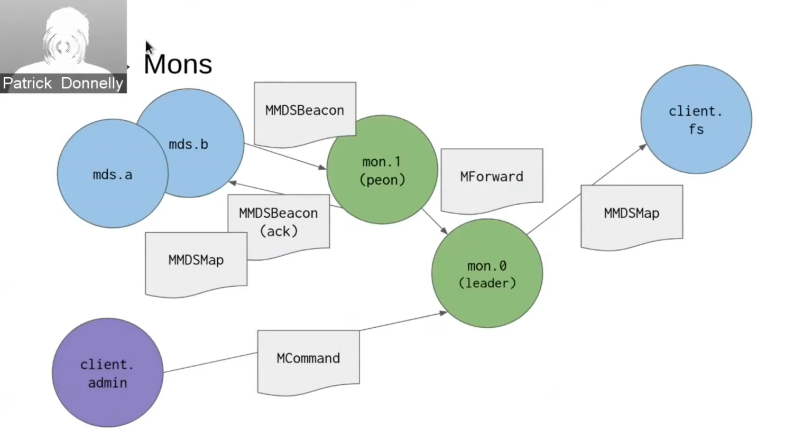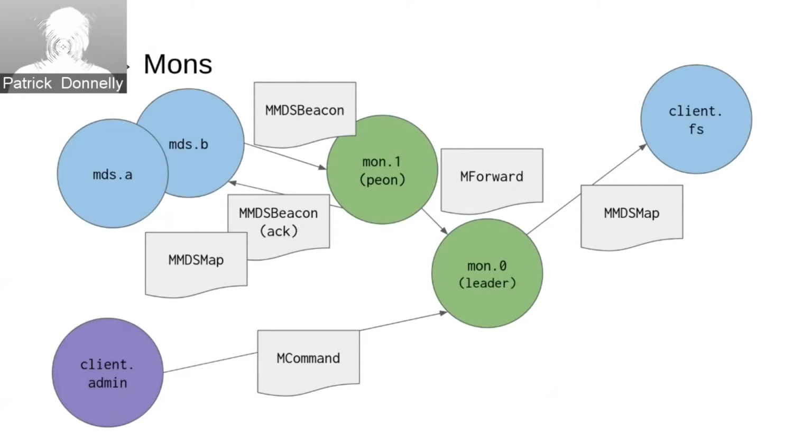So here's a look at the MDSs, the monitors, the clients, and what kind of messages we see between these entities. The big one is going to be from the MDSs to the monitors. They periodically send what's an MDS beacon message, which is really just a heartbeat message for the most part, sent to the monitors, telling the monitors that the MDS is still alive.